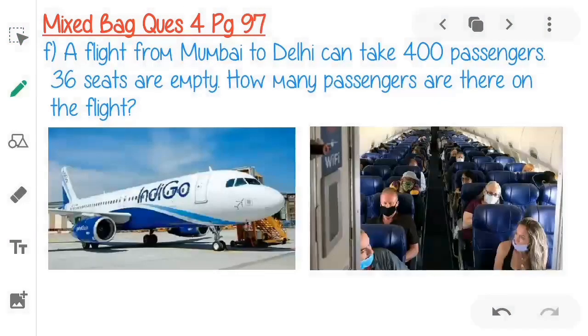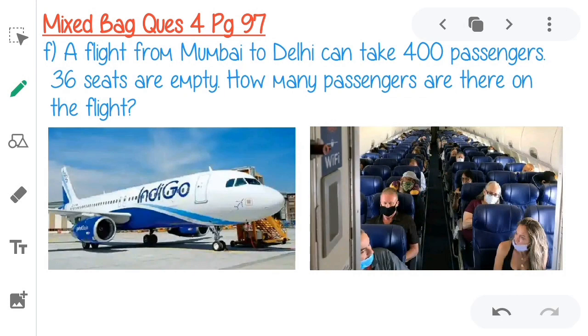Okay. The next question that we will do now is F part from page number 97, question number 4, mixed bag. The question says, a flight from Mumbai to Delhi can take 400 passengers. 36 seats are empty. How many passengers are there on the flight?